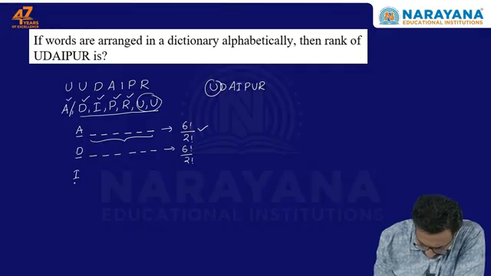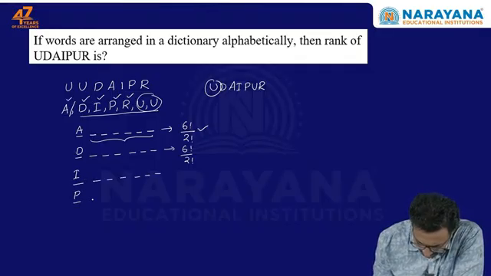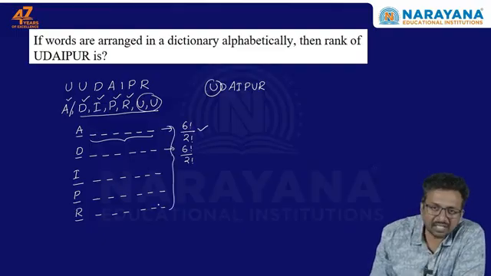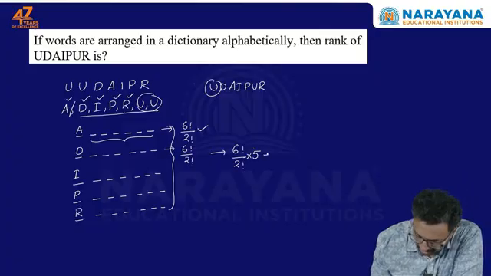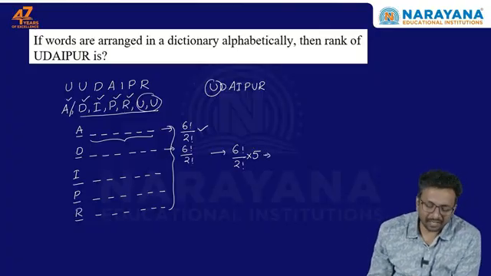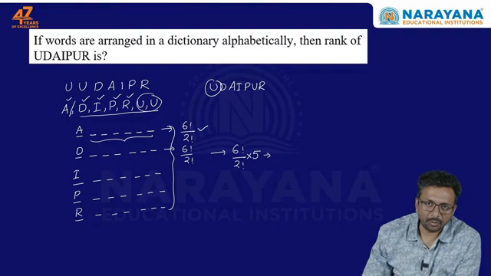Starting with I, starting with P, starting with R, each of them will be 6 factorial by 2 factorial. So all this is 6 factorial by 2 factorial into 5. So these many words will be completed before the first word starting with U.